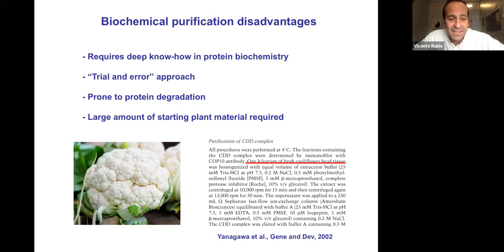And it was really painful to see her working for many, many days, just slicing the outer layers of those cauliflowers to end up purifying that complex. So that's why other approaches are more favorable or preferable to carry out the purification of specific protein complexes.